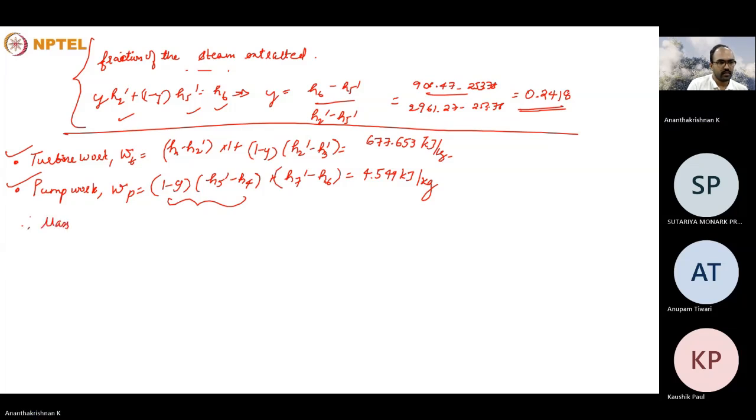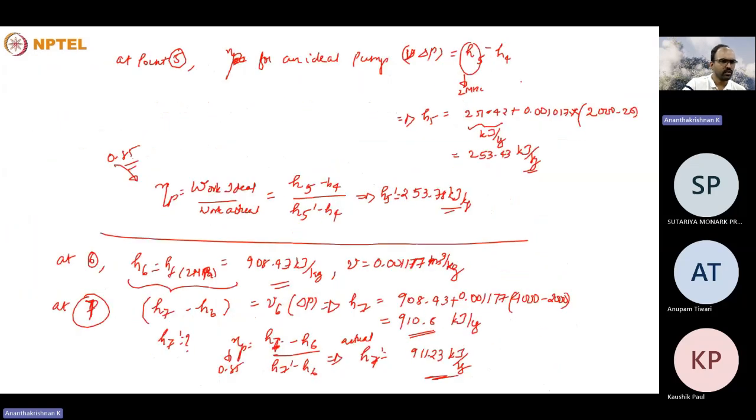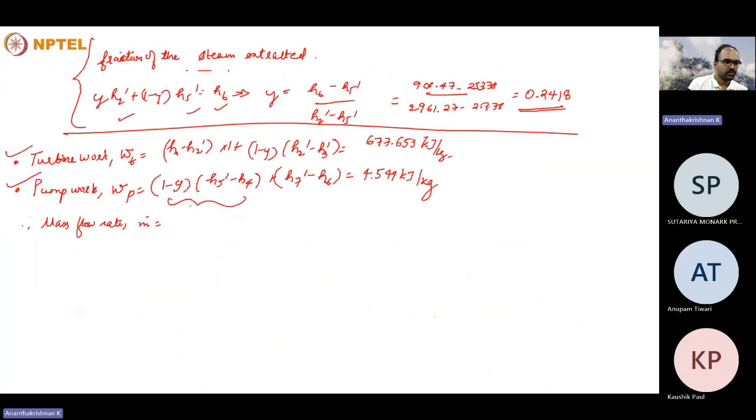The mass flow rate m dot will be equal to, in this particular problem, it's mentioned that the Rankine cycle produces 1 megawatt. So that will be equal to 1000 kilowatt. So you can write it as 1000 kilowatt divided by the network.